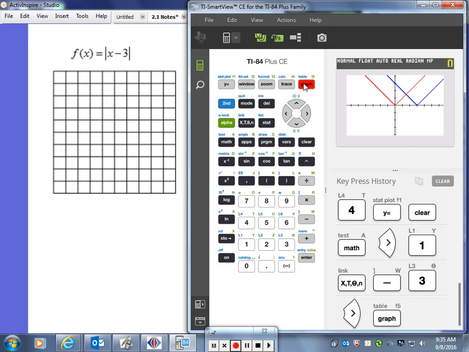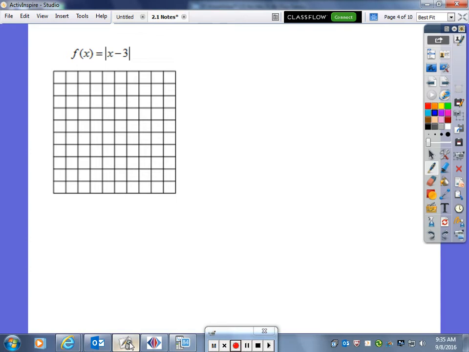As we can see, the blue curve has now moved 3 units to the right. Other than that, it seems to be looking exactly the same as our parent function. Let's go ahead and graph it.